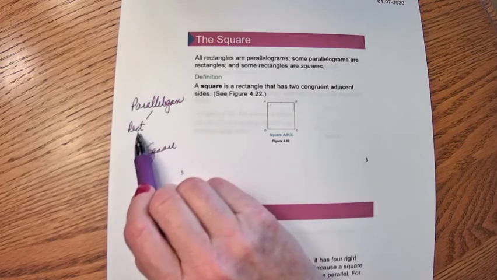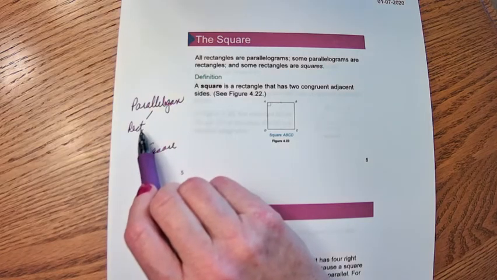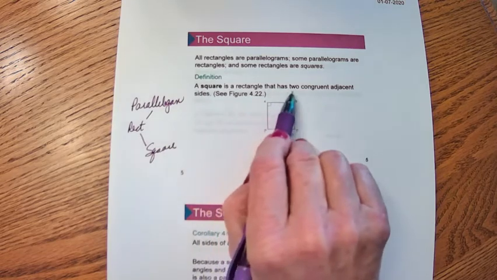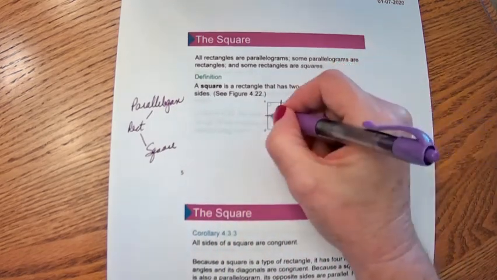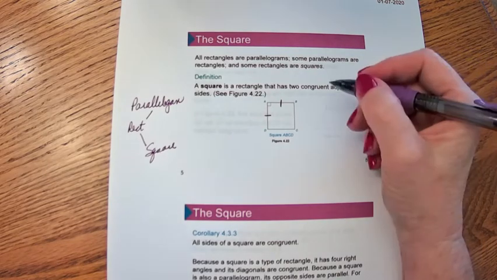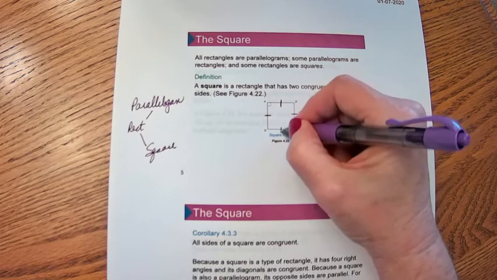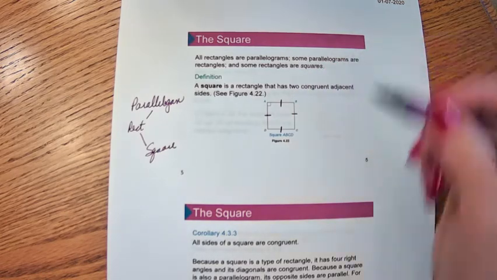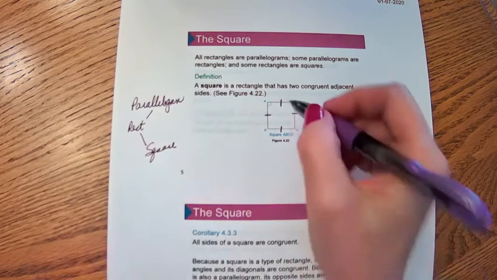So everything that's true about a rectangle, having 4 90-degree angles and the diagonals being congruent, is also true of the square. But the square is a rectangle that has 2 congruent adjacent sides, which means this side is congruent with this side. Since it's a parallelogram, if that side has that measure, then this side has that measure. So really, a square is a rectangle that has 4 congruent sides.